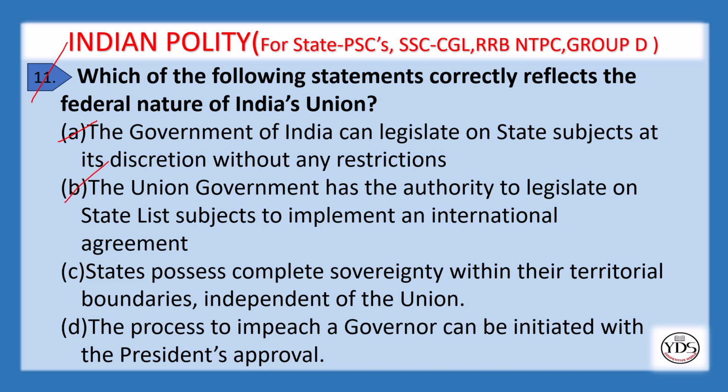Option B. The Union Government has the authority to legislate on state list subjects to implement an international agreement. Option C. States possess complete sovereignty within their territorial boundaries, independent of the Union. Option D. The process to impeach a governor can be initiated with the President's approval.